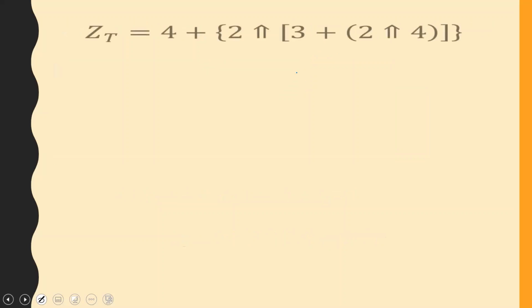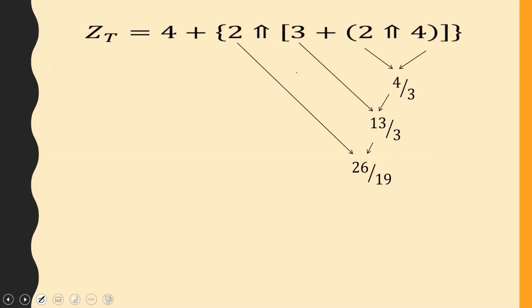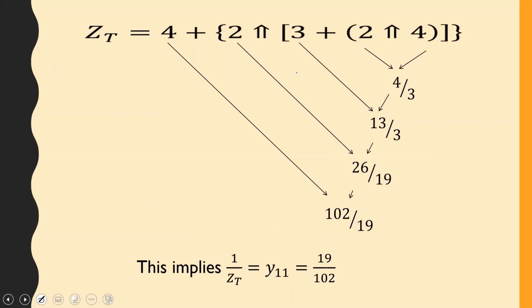That's the resistance equation, or the impedance equation, and that's a simplification. So we get 1 over ZT to be 19 over 102. Hopefully now you will have a better appreciation for the use of the resistance equation.